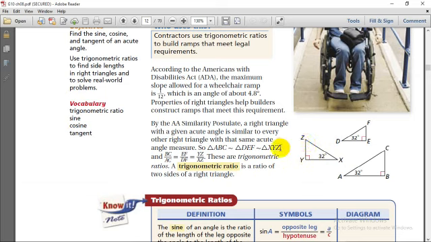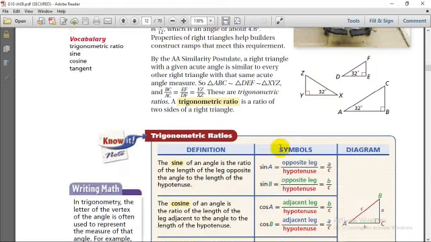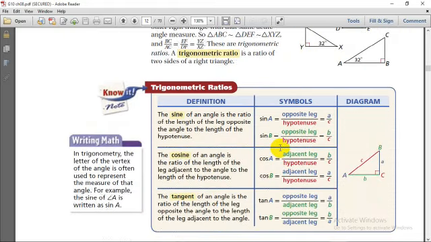I have three main trigonometric ratios. The sine is the ratio between the length of the leg opposite the angle to the length of the hypotenuse. So if I have sine of A, this is my angle A. What is the side opposite to A?